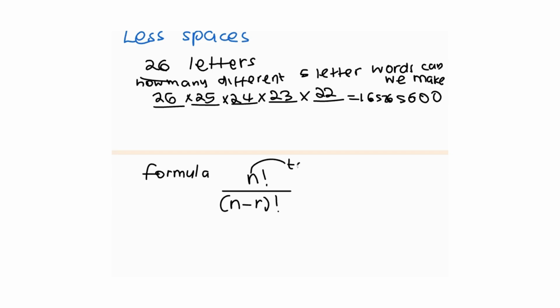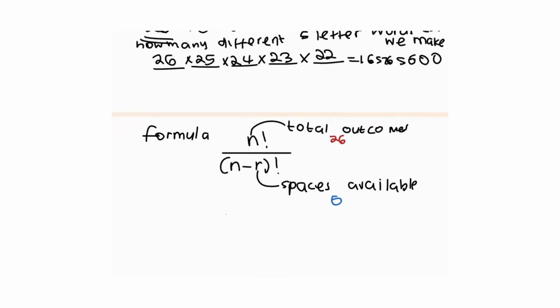The n is the total outcomes that you have. In our case, 26 letters. The r is the spaces available. We said we want to make 5-letter words, meaning we have 5 spaces, so that's 5. So if I use that formula, I'm going to say 26 factorial over 26 minus 5 factorial, and that should give me the same answer.